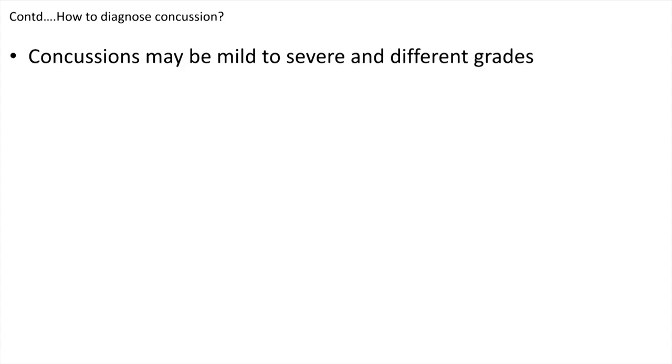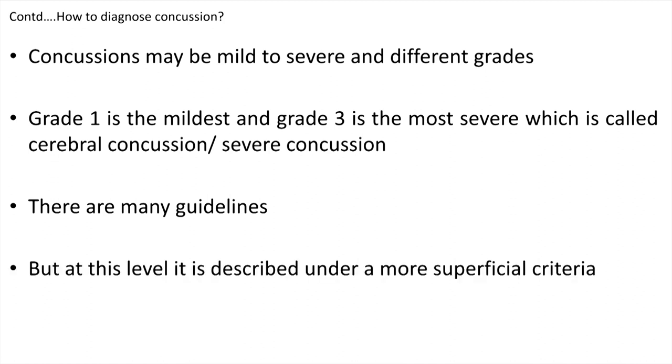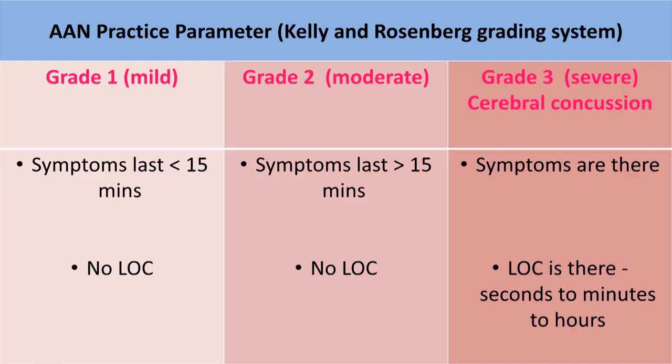Taking you through the grading of the concussion, it is basically a bit of a controversial area. Concussions may be mild to severe and in different grades, such as grade 1 to grade 3 or sometimes grade 1 to grade 5. However, for your level, it is described only a grading system that includes grade 1 to grade 3.